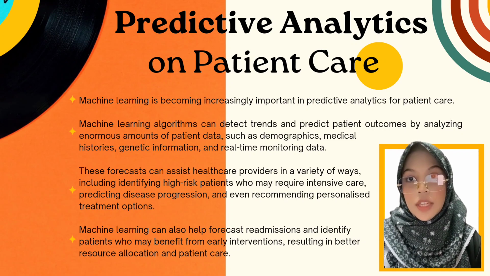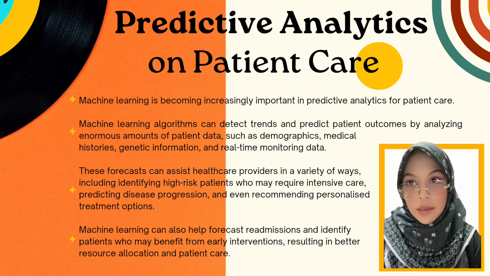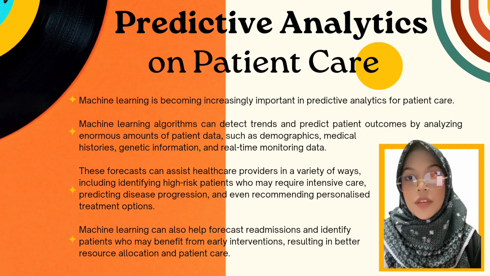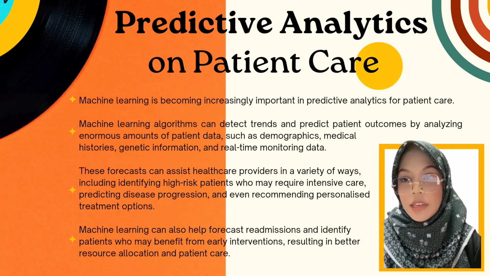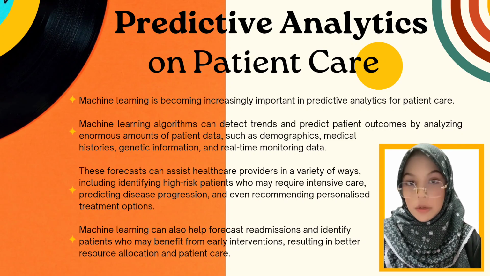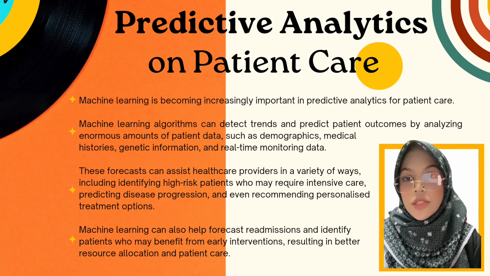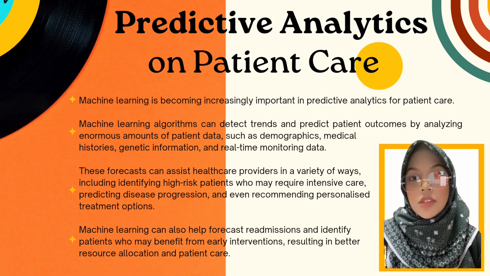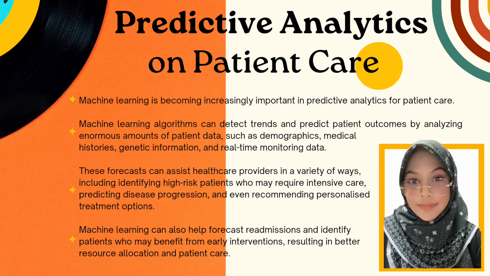This forecast can assist healthcare providers in a variety of ways, including identifying high-risk patients who may require intensive care, predicting disease progression, and even recommending personalized treatment options. Machine learning can also help forecast readmissions and identify patients who may benefit from early interventions, resulting in better resource allocation and patient care.